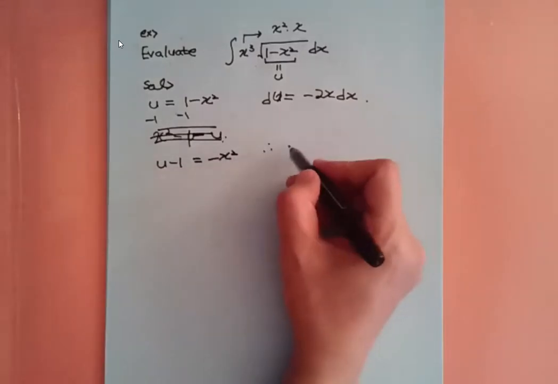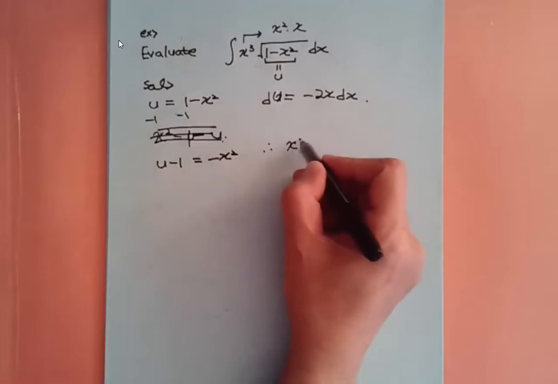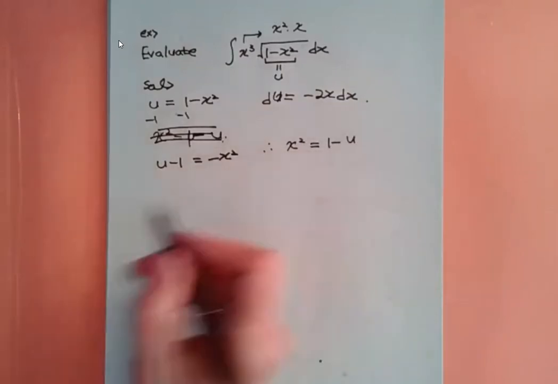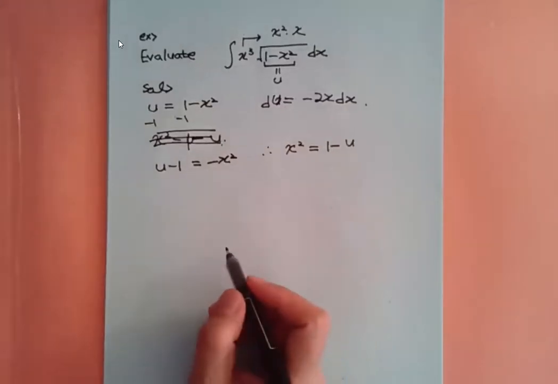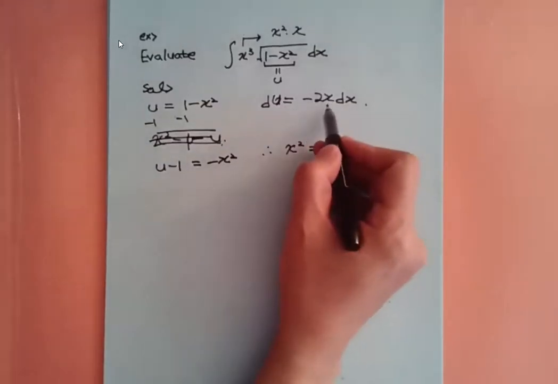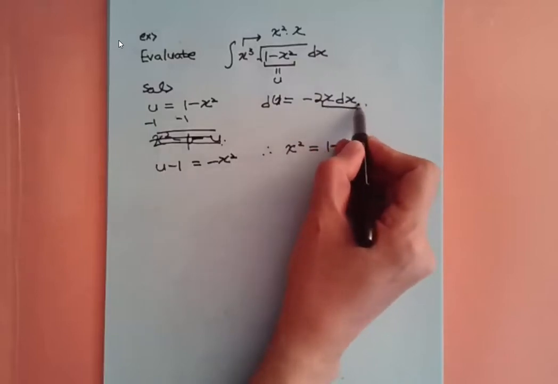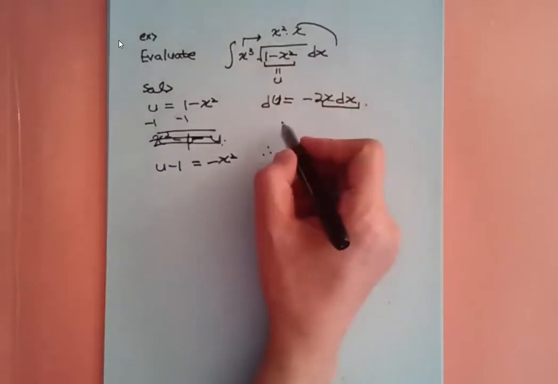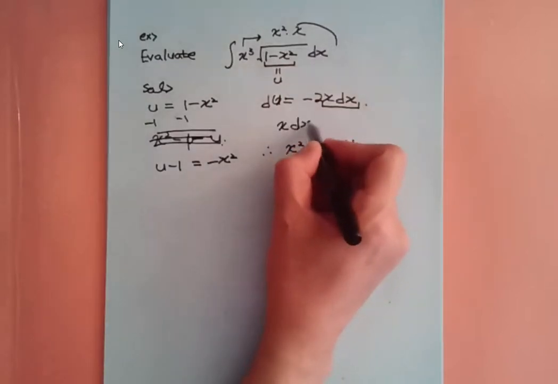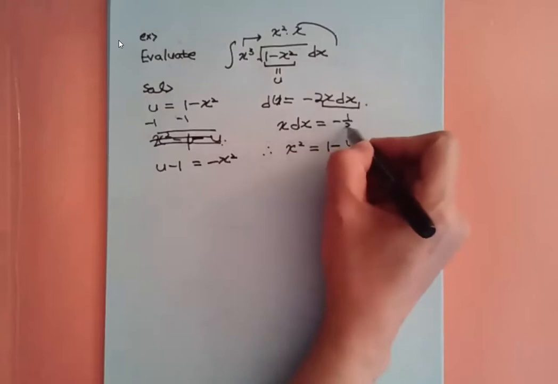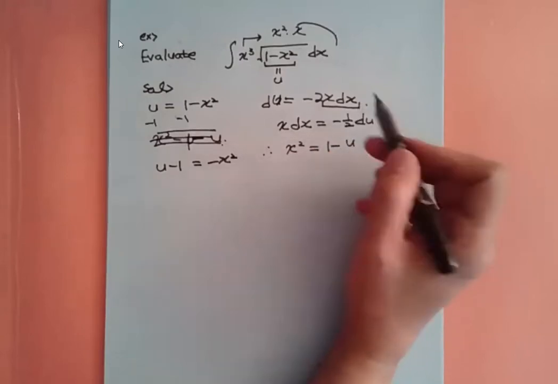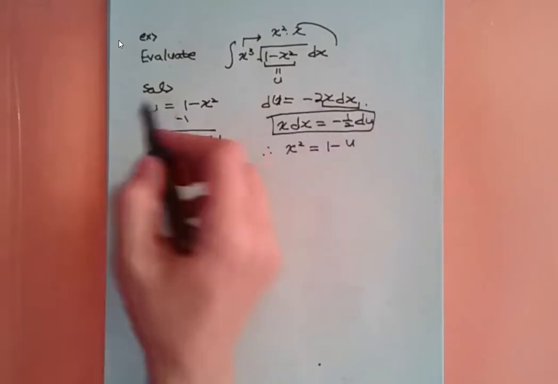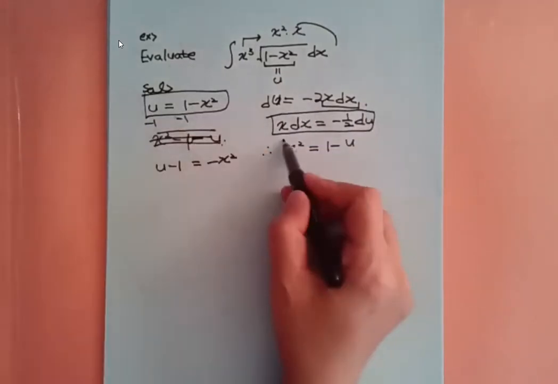So if we multiply by -1, then x squared will be 1 minus u, I just switch the sign of each term. And from here, we are thinking about this part: x times dx is minus 1 over 2 du. So we are ready to do all the substitution because we have the 3 components.